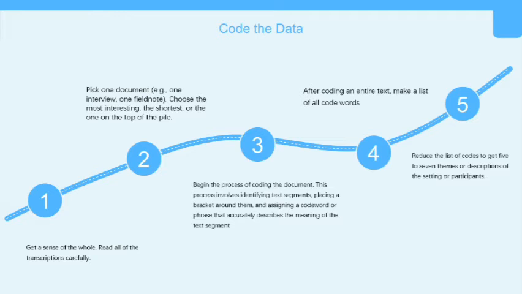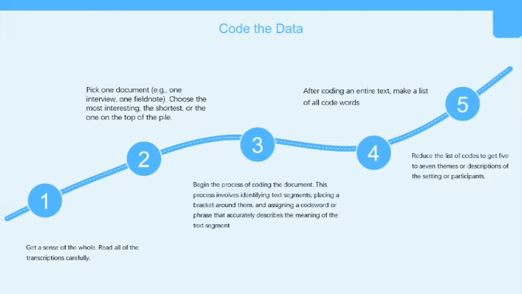The first step is to get a sense of the whole: read all of the transcription carefully. Second is to pick one document, choose the most interesting, the shortest, or the one on top of the pile. Third is to begin the process of coding the document.